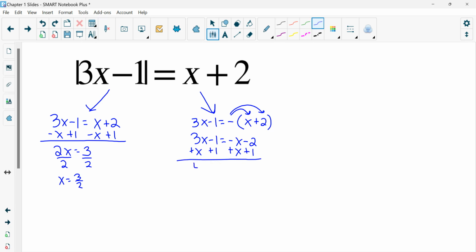So that would give me 4x on the left. Negative 2 plus 1 is negative 1. And then when we divide by 4, we get x equals negative 1/4.